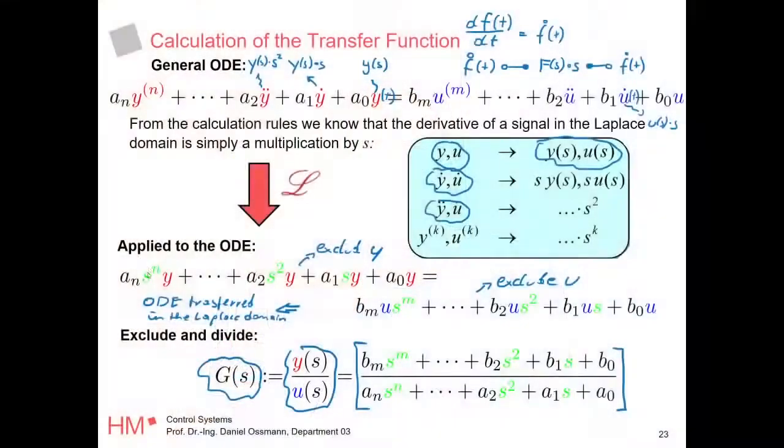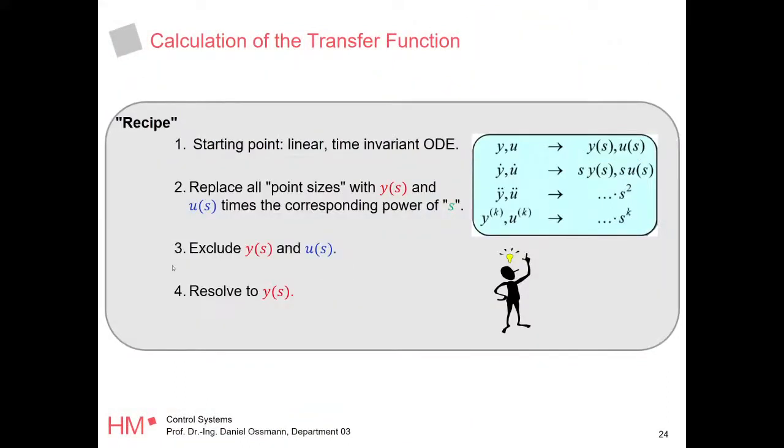Okay, let me try to summarize this idea in a little bit more compact form. Let's formulate a recipe, because I know that students, when they learn, always look for recipes or schemas which they can apply, and it always works. As a starting point, you have your ODE, second order, third order, whatever you like. Then you replace all dotted quantities, so to say, with y of s and u of s times the corresponding power of s.